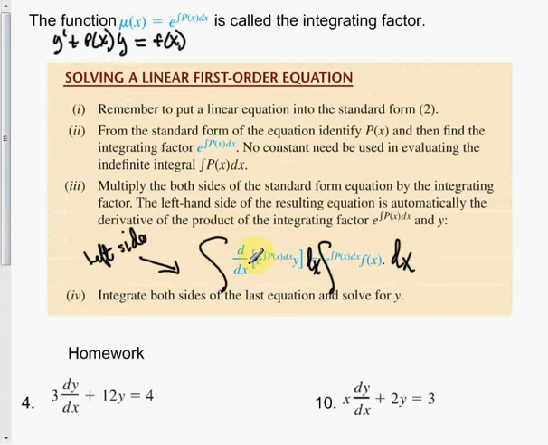If I take the integral of a derivative, the result is just what's inside, right? That function right there. So the work then is on the right side, just integrating that information over there. And hopefully that won't be too difficult.